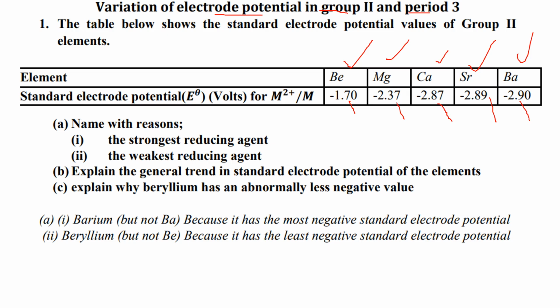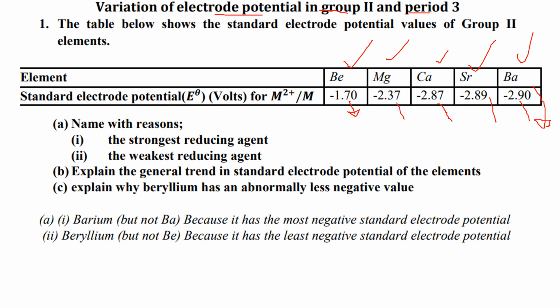So if you look here, the more electronegative here is barium, and since it's barium, it's going to have the strongest reducing powers, and the less electronegative, which is beryllium, is going to have the highest oxidizing powers, or the weakest reducing powers. It is opposite. If something is a strong reducing agent, that means that it's a weak oxidizing agent, and if something is the weakest oxidizing agent, that means that it is the strongest reducing agent.